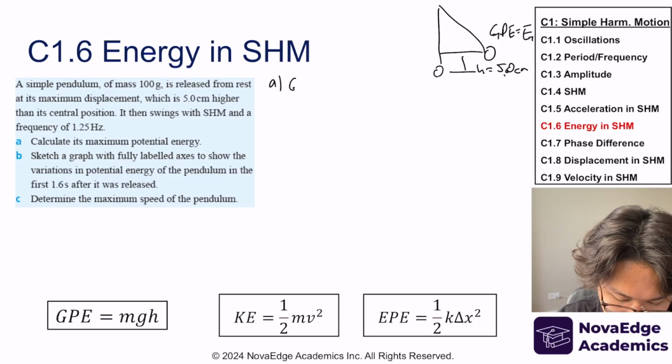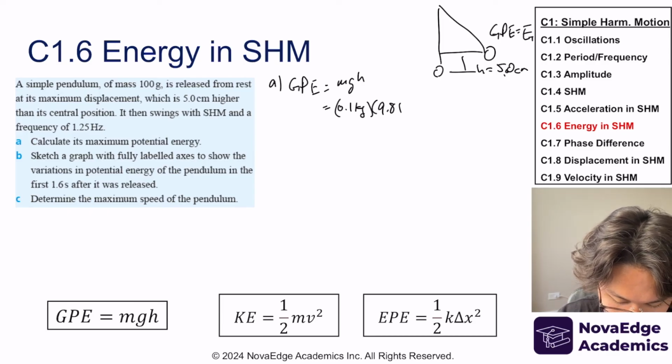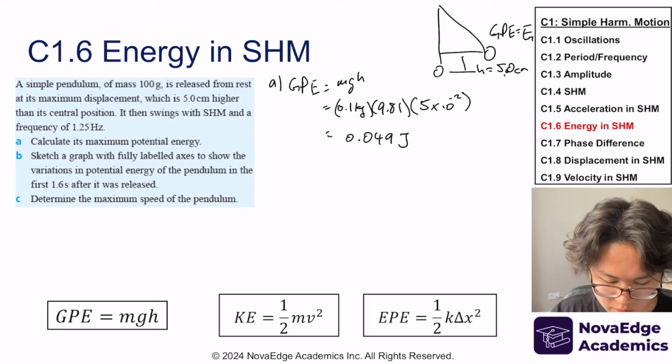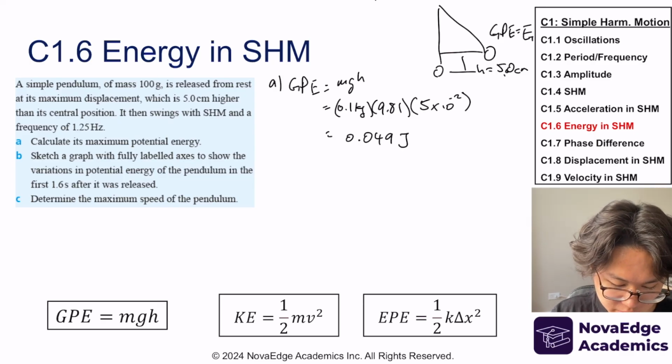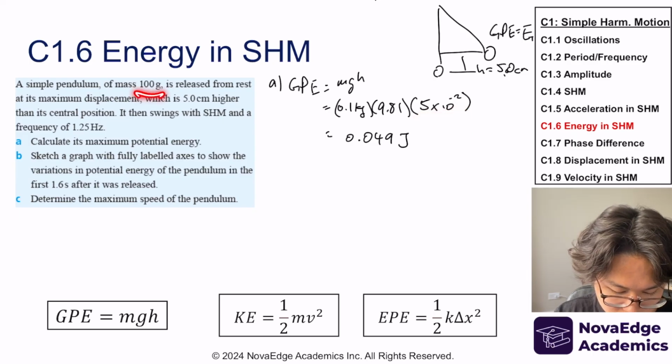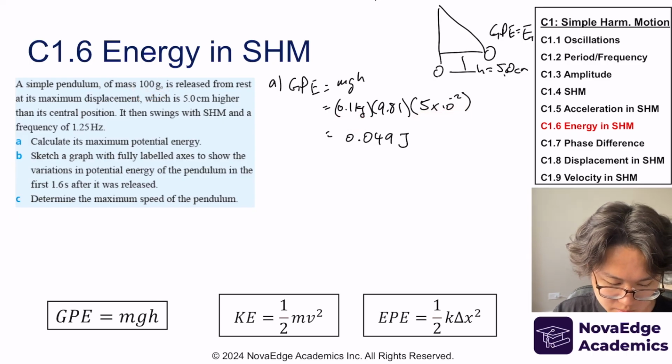Maximum potential energy is equal to mgh, which is 0.1 kilogram times 9.81, and you should get 0.049 joules. Make sure everything is in SI units. For example, 5 centimeters, you need to convert to meters. Grams, you need to convert to kilograms.